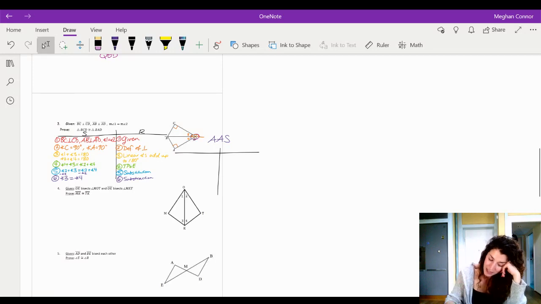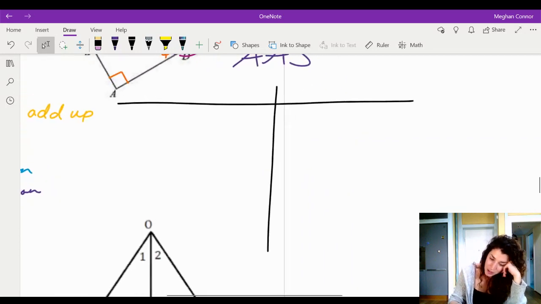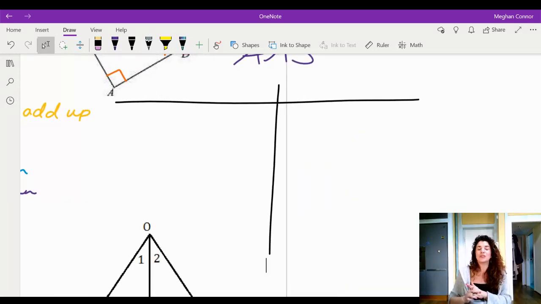So I need to prove that angles A and C are equal to each other, because in order to do angle, side, you have to say that that angle is equal to that angle specifically. You can't imply it. You can't say, well, obviously they're both equal to 90 degrees. No, obviously. You have to say that they're equal.